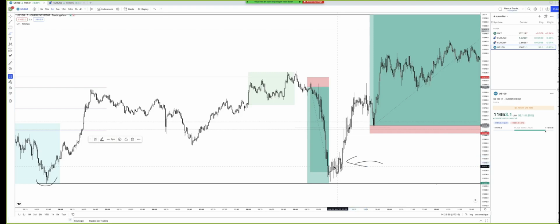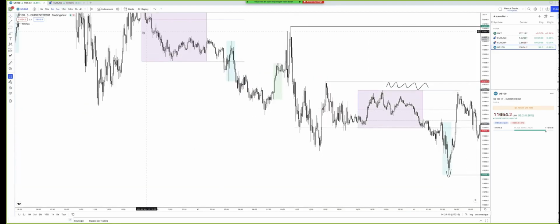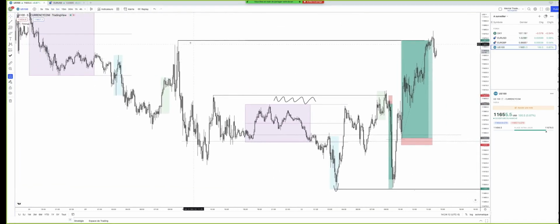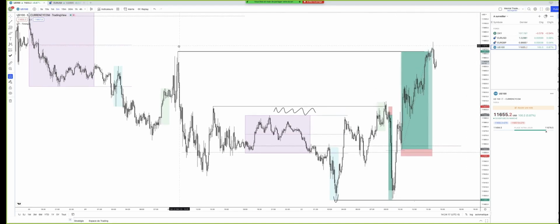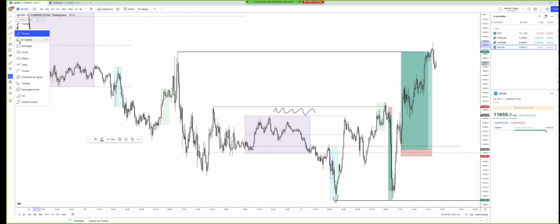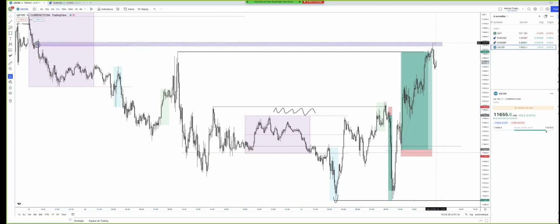They just want continuation and to trap all the orders, the buyers and the sellers here, because the next target was my previous high, and my previous high of the day was this. That's why the price swept it and came back to the 50% of the equilibrium on the Asia box and this little OB, because this is a valid order block. You can see, boom, it tapped perfectly, and we have a reaction of the price.